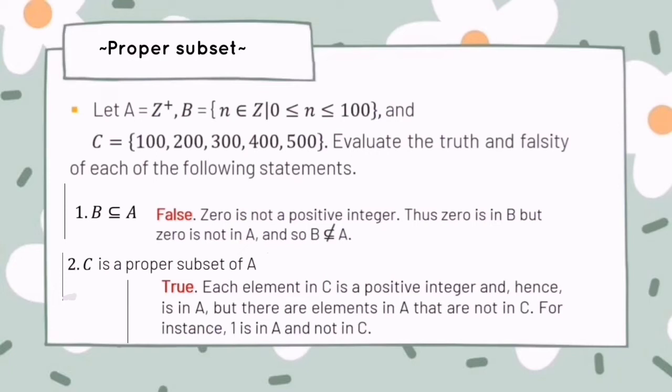Dahil may mga elements si A na wala kay C. Meron siyang 101, 102, 103, and more positive integers. And each element in C is a positive integer, hence is in A. But there are elements in A that are not in C. For instance, 1 is in A but not in C.